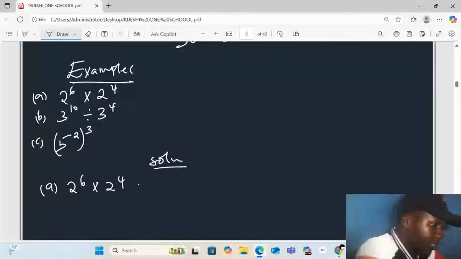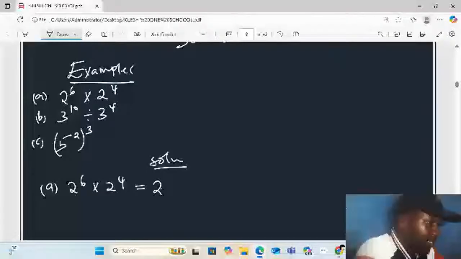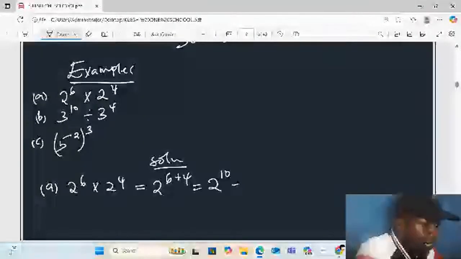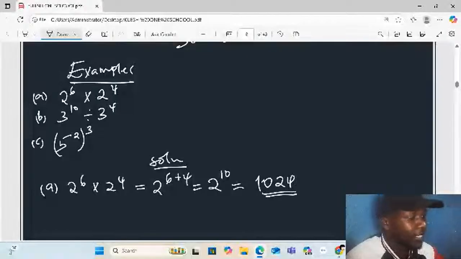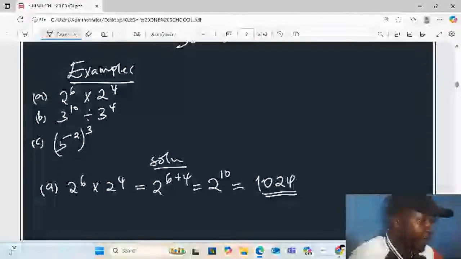So we add 6 plus 4, you get 10. And 2 raised to 10, you get 1024 as your final answer. So that is how we arrive at that answer.